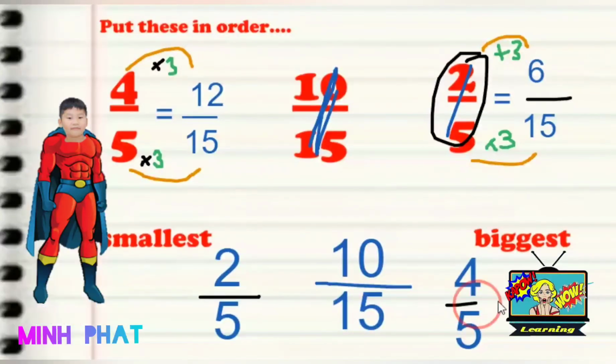Can you say 4/5, please? It's 4/5. Excellent, that's better. So what we should have is 2/5 is the smallest, then 10/15, then 4/5. Make sure you write these numbers that we start off with. Excellent. That is how you order fractions from smallest to biggest.